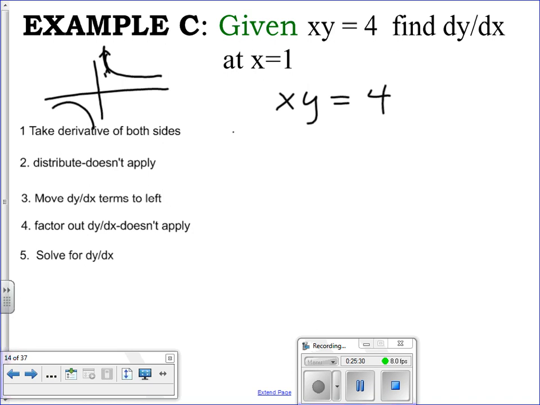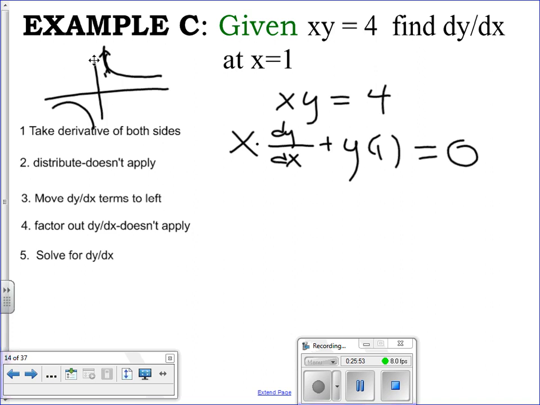First, x. What's the derivative of the second? Plus the second, y, times the derivative of the first, which is 1. Good. Equals the derivative of 4, which is 0.